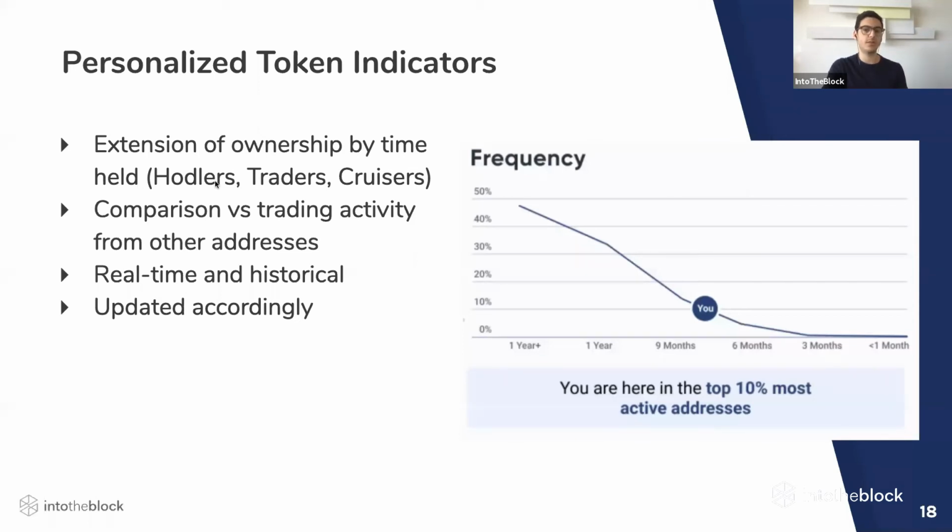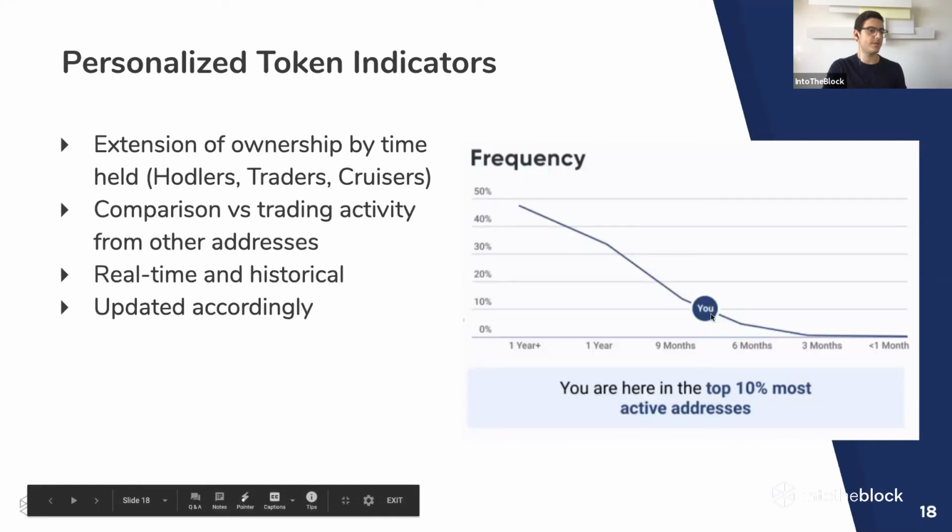We categorize as hodlers those who have been holding for more than 1 year, traders those who have been holding an asset for less than 30 days, and cruisers those who have been holding for between 1 month and 12 months. You will be able to categorize yourself as one of these, but also, more importantly, compare how active you are versus the other addresses.